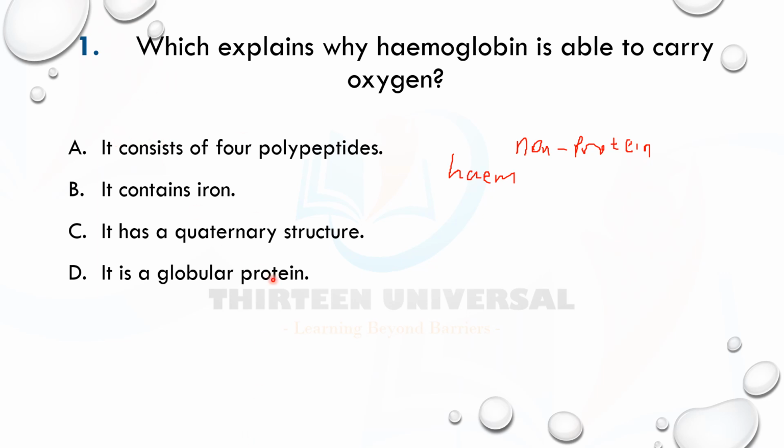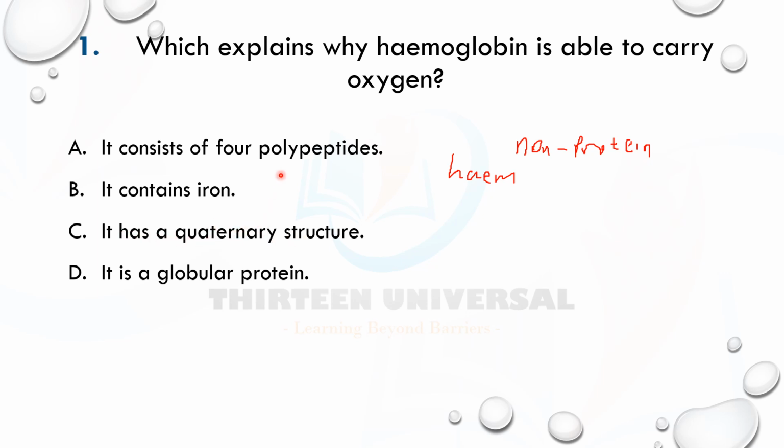Of course, look at it. It consists of 4 polypeptides. This is the quaternary structure, which consists of 2 beta globin polypeptides and 2 alpha globin polypeptides. That's not the reason why it's able to bind oxygen. It contains iron, and iron is found in the heme group. So B is likely the answer, but let's look at the others. It has a quaternary structure.